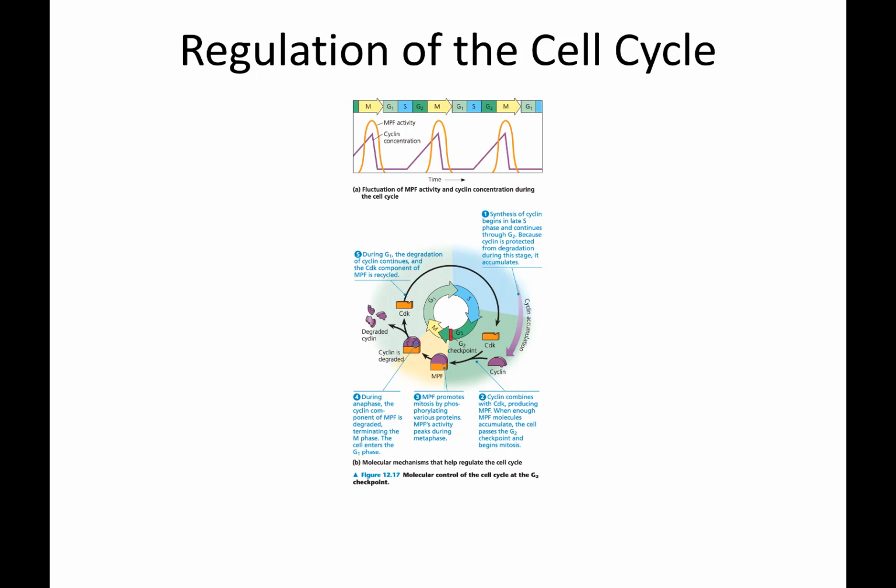There are proteins called cyclin that cyclically fluctuate in concentration, as seen here in purple. You can see there's a peak of cyclin concentration. It's rising with the M phase, it peaks and then drops down, and then it starts rising again and drops down.